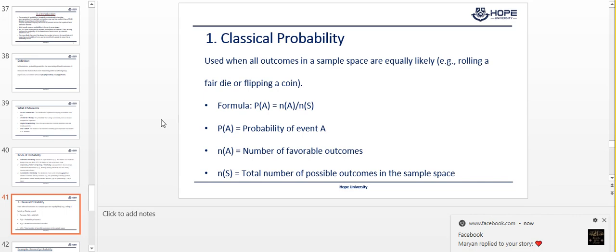For example, rolling a die or flipping a coin. Formula: probability of A is equal to NA divided by NS. Probability of A stands for the probability of event A. NA stands for the number of favorable outcomes likely to occur, and NS, the total number of possible outcomes in the sample.